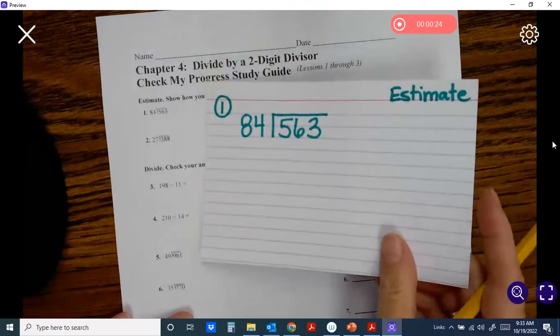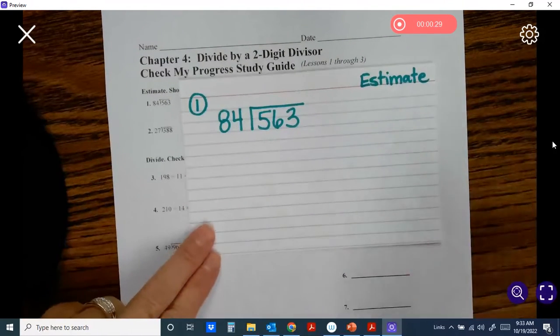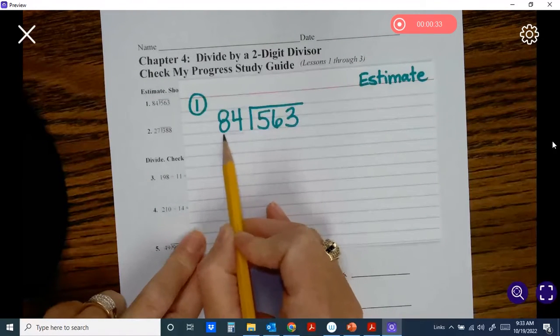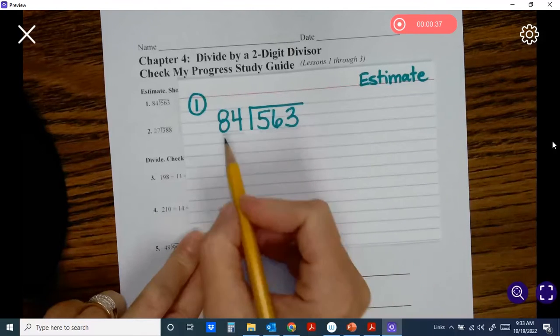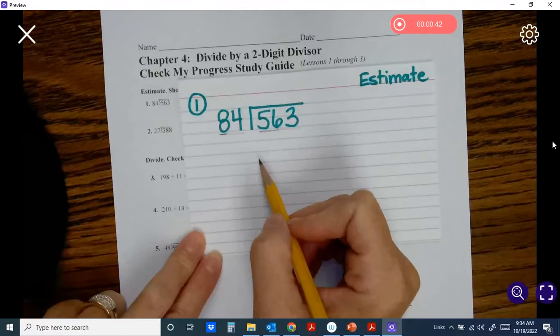I'm going to write these a little bit larger so that we can see. For question number 1, here we go. I see that I have 84 as my divisor and 563 as my dividend. 8 and 56 are compatible numbers.